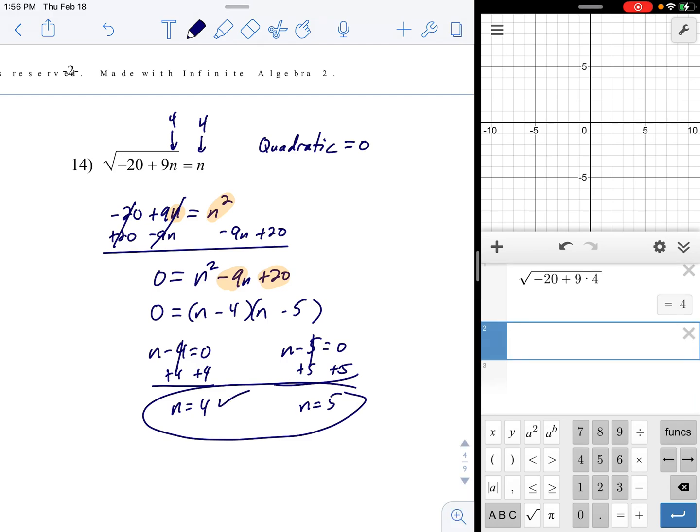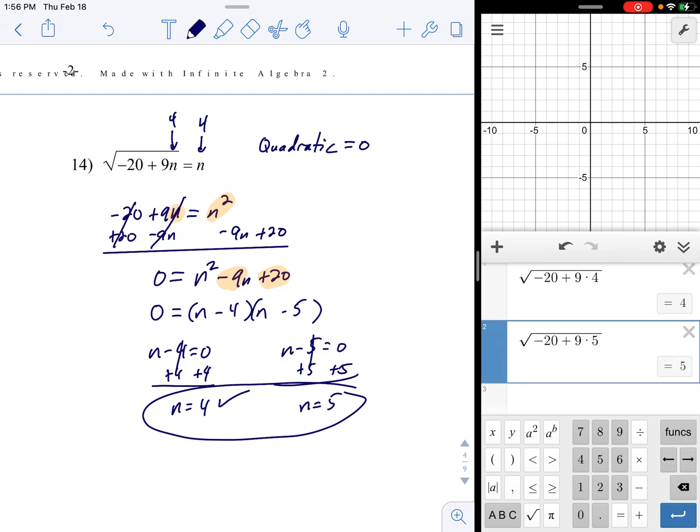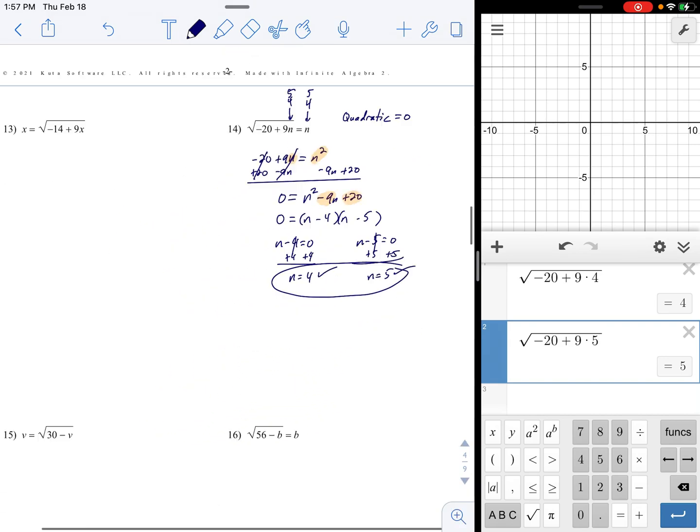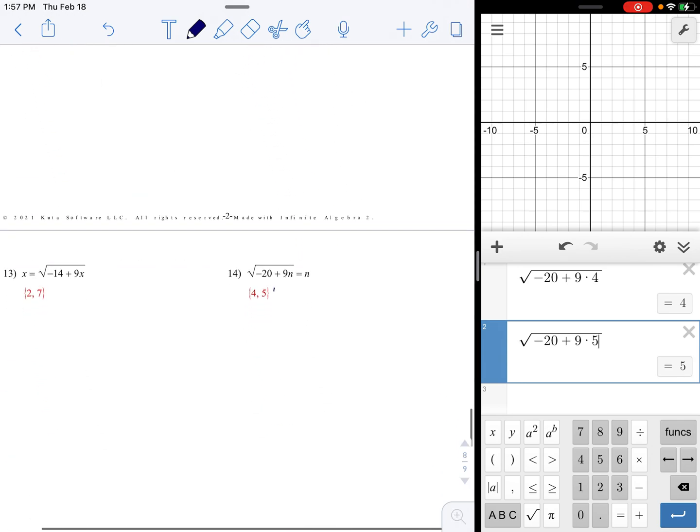Now let's do square root of -20 plus 9 times 5, and that equals 5. So if you plug in a 5 on this side, it equals a 5 on that side. So that's a good answer. So both of those are good answers. They are not extraneous. 4 and 5, both good answers.